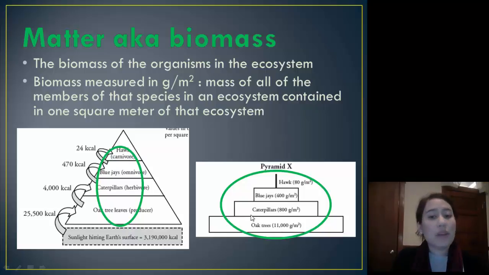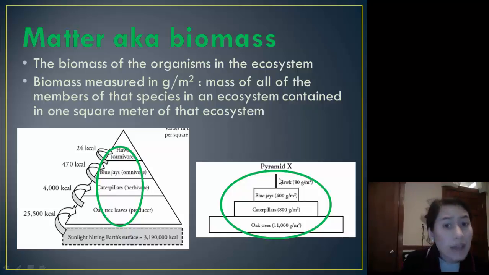What that unit means is the mass of all of the members of that species that you could find in an ecosystem that would be contained in 1 square meter of that ecosystem. So in 1 square meter of forest, you can find 11,000 grams worth of an oak tree. In 1 square meter of forest, we could find 800 grams worth of caterpillar.